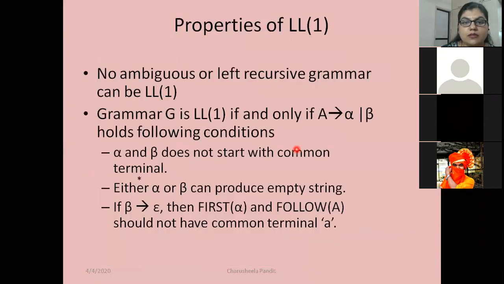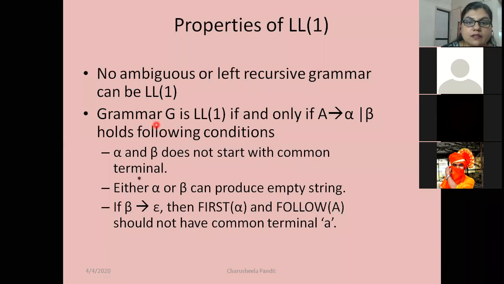You could see the rules. No ambiguous or left recursive grammar can be LL1, right? So to prepare the grammar for LL1, we need to remove the left recursion and all the ambiguities.